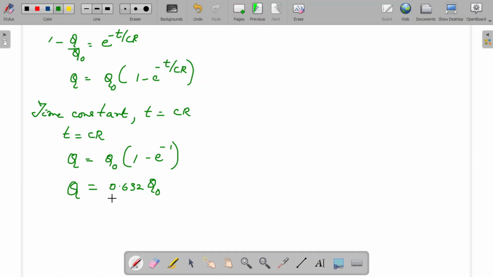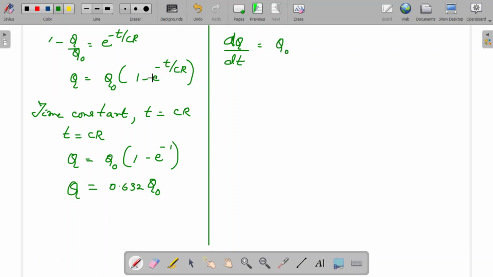Now, if you find the rate of growth of charge, that is very easy. You can just differentiate this relation, Q equal to Q0 into 1 minus e raised to minus t by CR. I can write dq by dt is equal to, q0 being a constant, q0.